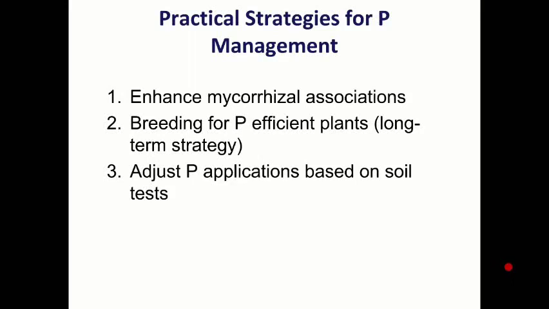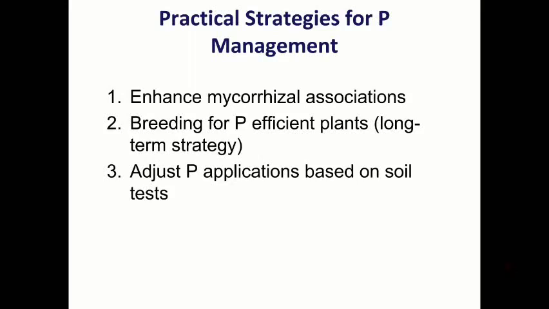These things can improve phosphorus efficiency and uptake. You can breed for phosphorus efficient plants. That's a long-term strategy that the industry's really taking on board more and more, and that usually involves selecting for plants that have good rooting systems, that are quite fibrous and effective at penetrating the soil and creating a good volume of soil that's accessed by the roots.